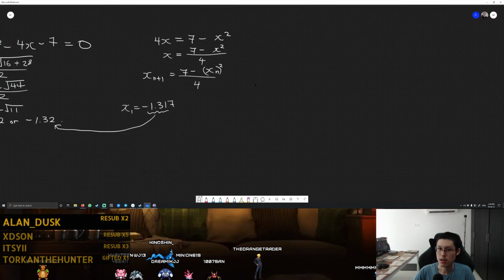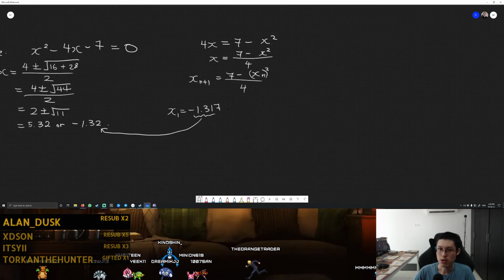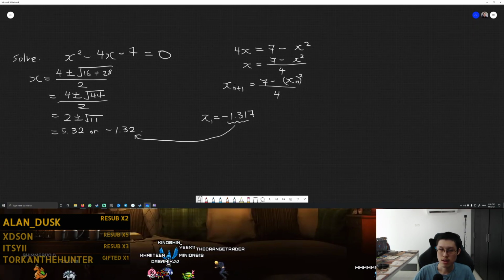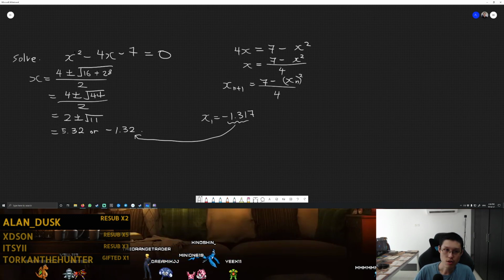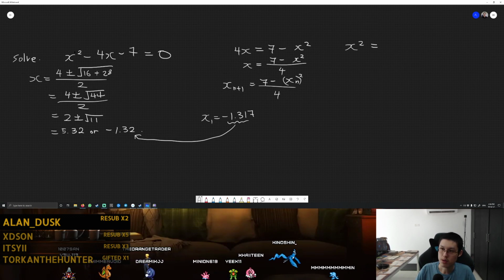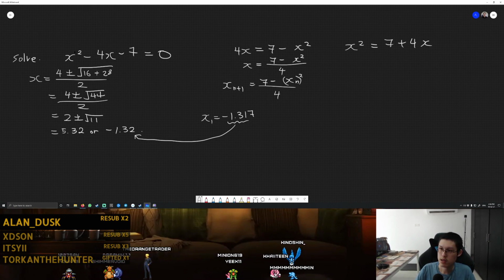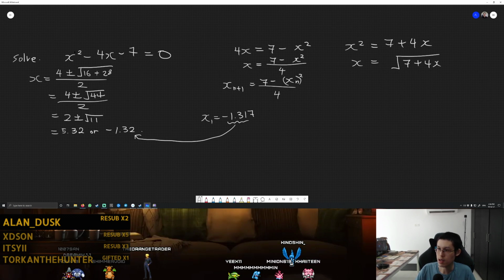But usually to find the other root, you need to use the other x. We've used this x here, so now we're going to have to use this x. If we make the first x the subject, we get x squared equals 7 plus 4x. X equals square root of 7 plus 4x, and then there's a plus minus here. So we have 2 equations.